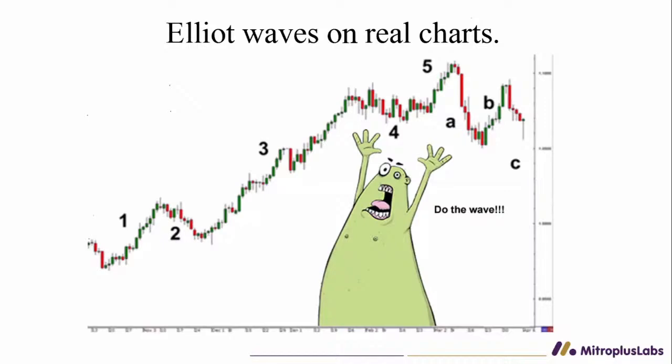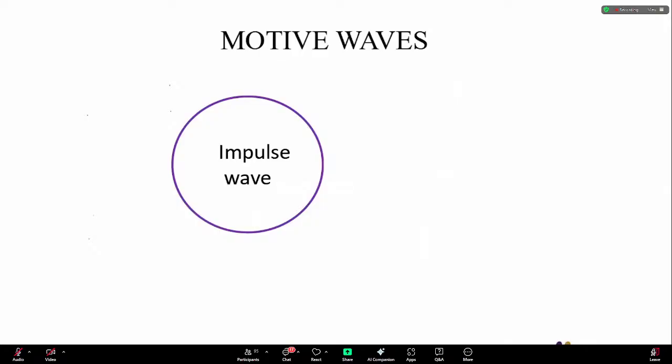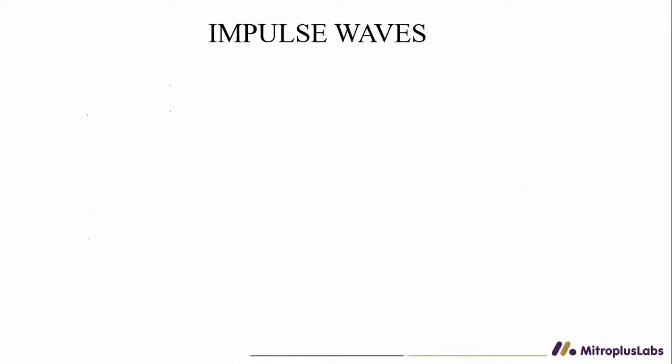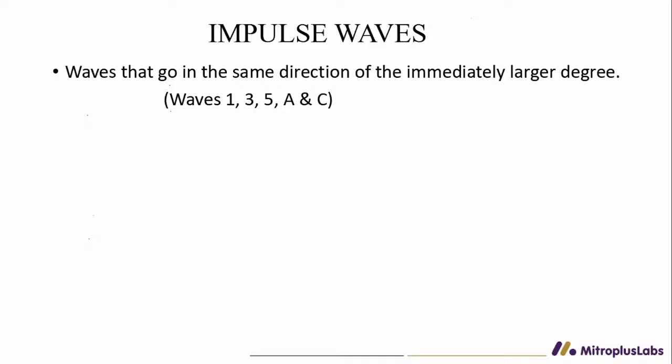Okay, so the waves that are usually impulsive are wave 1, 3 and 5.